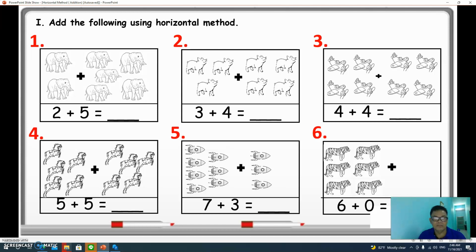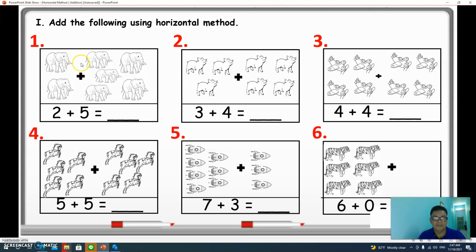So you have worksheets, right? What you're going to do on your worksheet is add the following using the horizontal method. Number 1, what is it? Elephants. Very good.